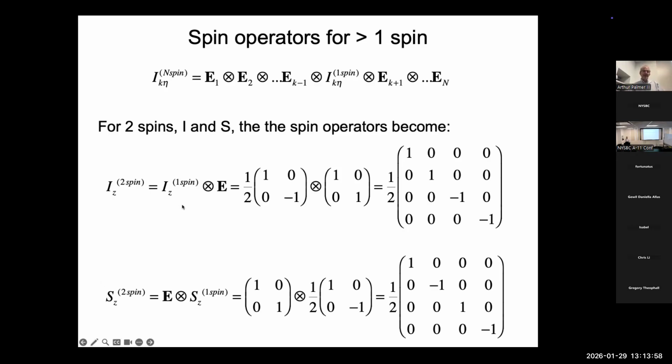But here then, the rule for direct product says, I take the first element of this matrix, which happens to be a 1, and I expand it up by multiplying this element by the second matrix, which happens to be the identity. So here I get a little 2 by 2 block that's 1 times the identity matrix.